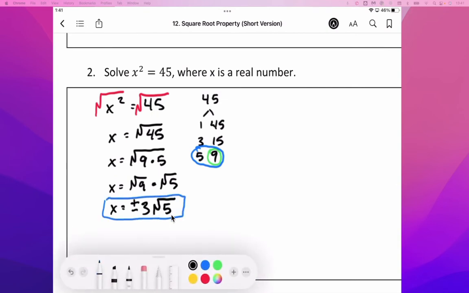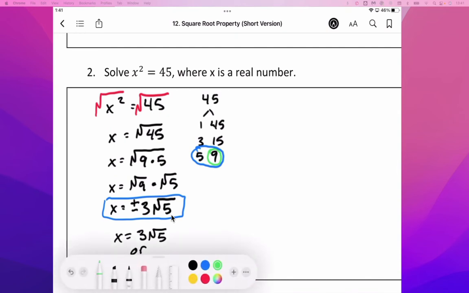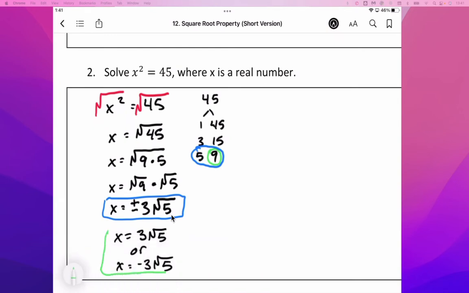Another way to write the exact same thing would be to say x is equal to 3 square root of 5, or x is equal to negative 3 times the square root of 5. Both are acceptable for me. Alex will probably have a preference one way or the other. But again, the blue box and the green box both have equivalent answers in them.